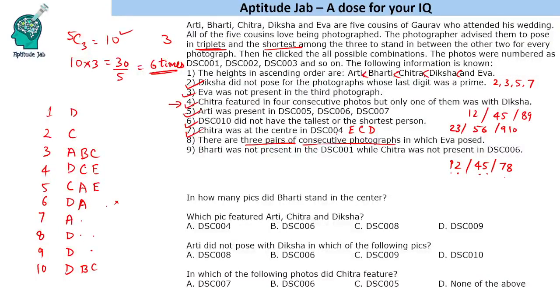She has to appear 3 times, so 1 pair is made here. Right, she cannot be present here, she cannot be present here, so she is either here or here. So what does that mean? She is compulsorily present in 8. She can be in 7 or she can be in 9 also. So in 8 she is compulsory. This is the sort of logic that you should be applying: she has to be present in either 7 8 or 8 9, so in either case she will be present in 8.